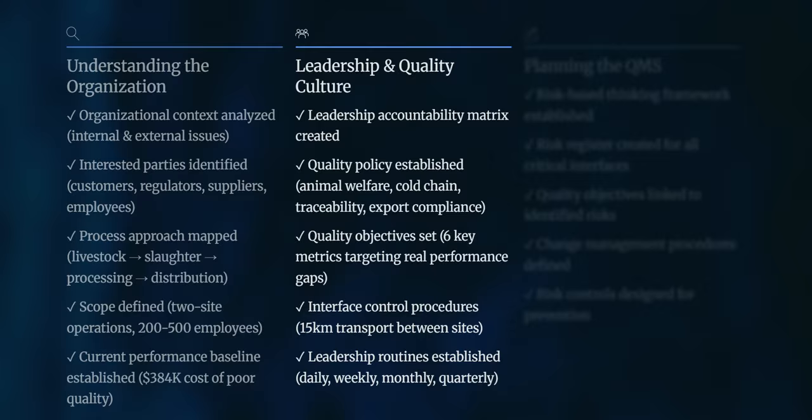And also we set our quality objectives, with 6 key metrics targeting real performance gaps. We also covered in Module 2 interface control procedures. Remember the 15 kilometers transport between two sites? And also in Module 2, we have established leadership routines, including daily, weekly, monthly, and quarterly routines.